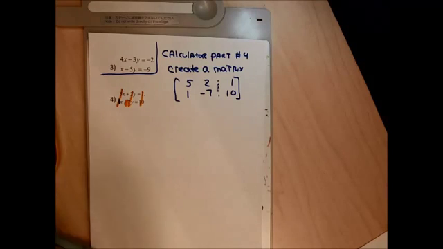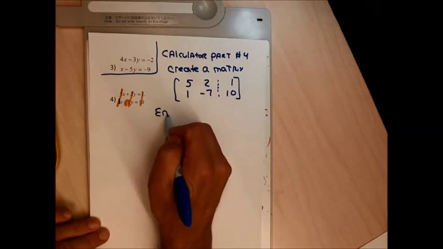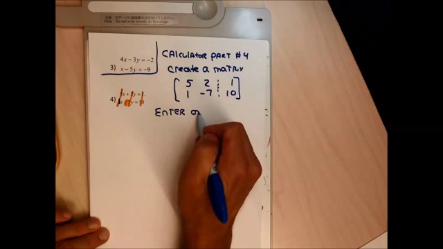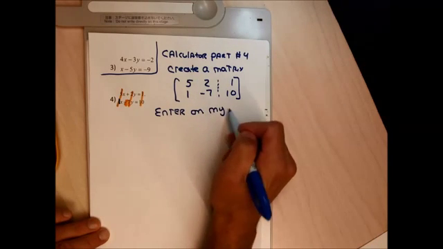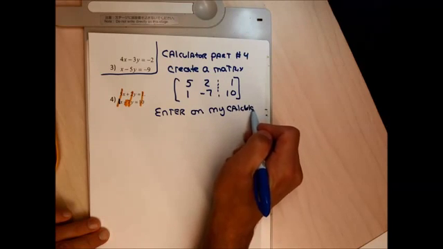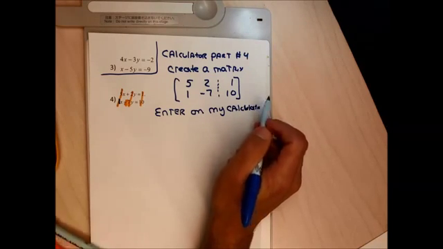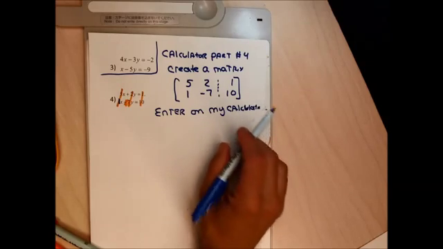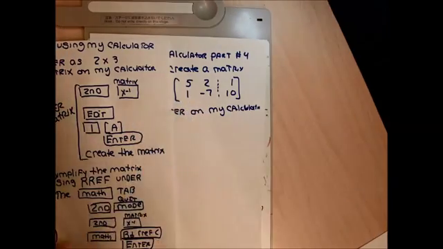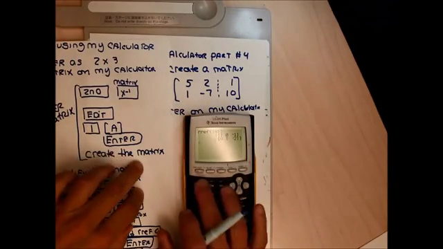And now I'm going to enter this matrix on my calculator. So, first step in entering this on my calculator is hitting second and then the matrix X inverse key.